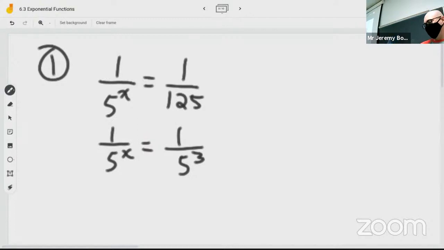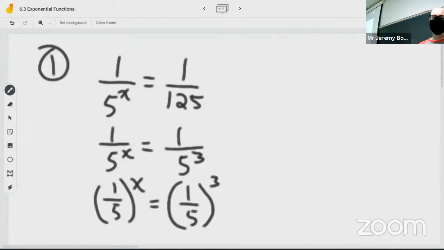Another way to think about it is, remember if you have a fraction with the numerator 1 and the denominator is raised to a power, you can rewrite that like this, right? Because the x applied to the 1 is just going to be 1 anyways. And on the other side, we can make it 1 to the 5th, 1 over 5 raised to the 3rd, because the 3 applies to 1, it's just going to make it 1 anyways.